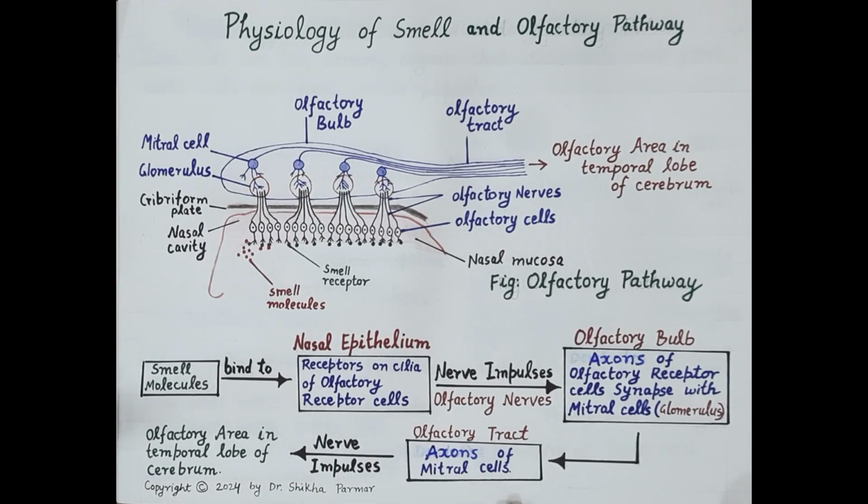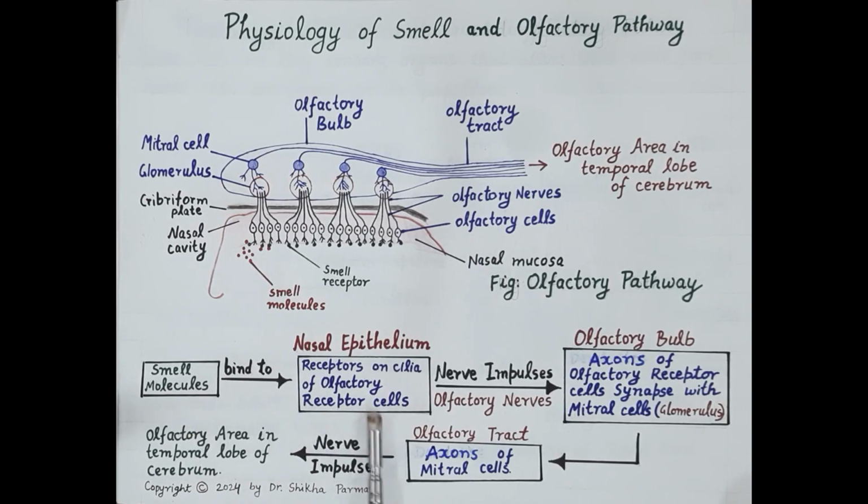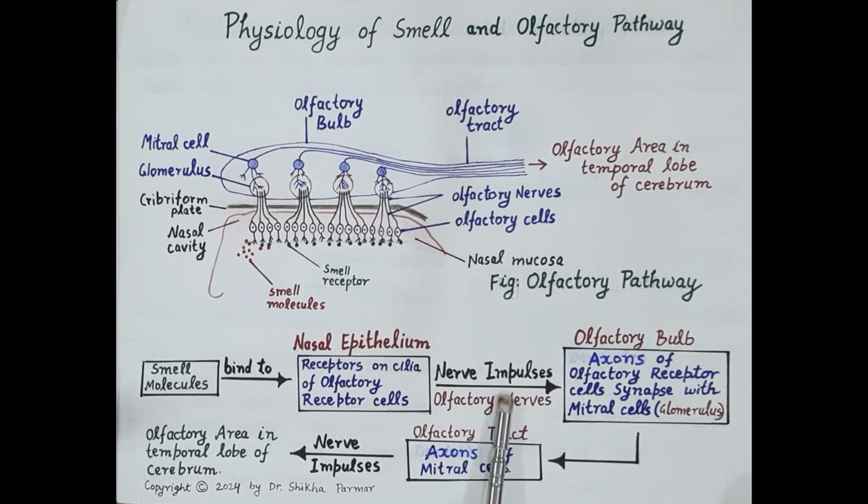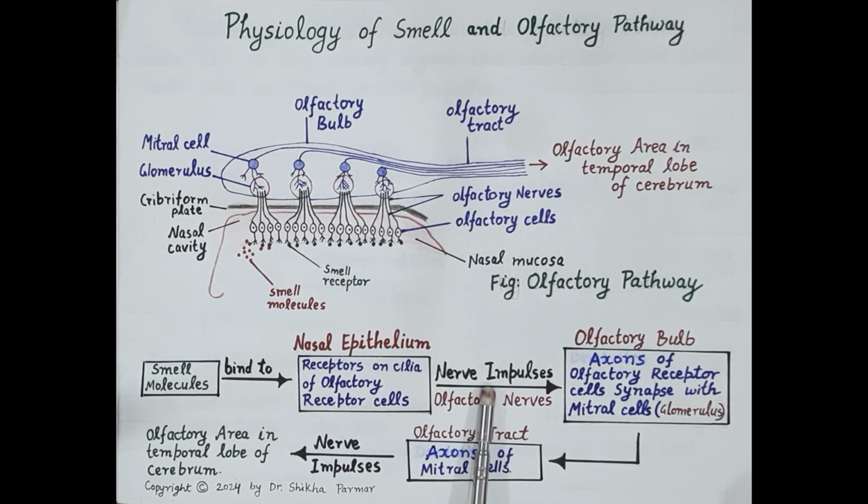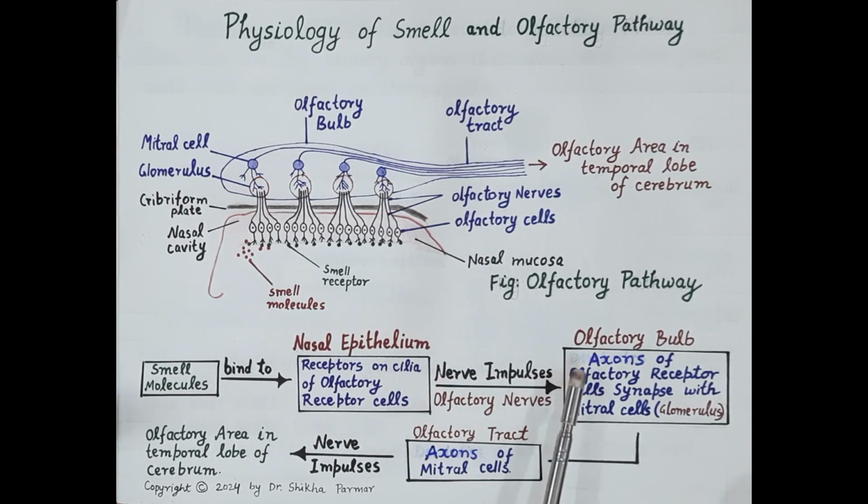Now look at this figure. It gives the summary of the olfactory pathway. So first of all, the smell molecules, the odor molecules, bind to the olfactory receptor cells in the nasal epithelium. This activates the olfactory cells, and the odor or the smell is converted into nerve impulses. Now the olfactory nerve carries these nerve impulses from the nasal epithelium to the olfactory bulb.